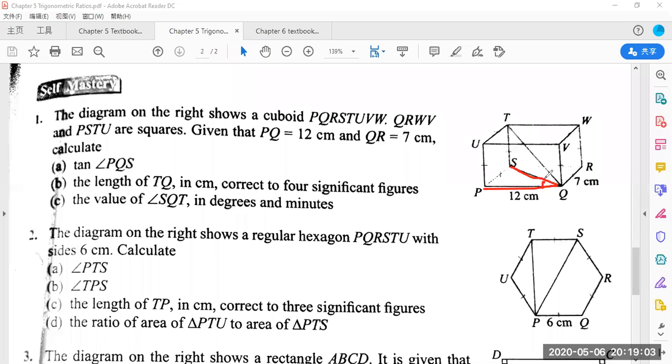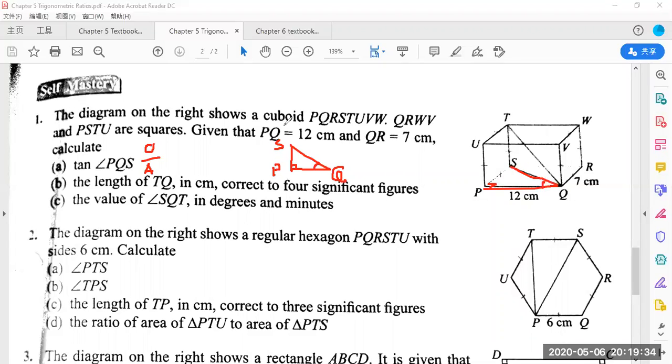How you find this angle is you draw out this small triangle, P, Q, and then S. Tangent is O over A, right? This is 90 degrees, seen from the top view.